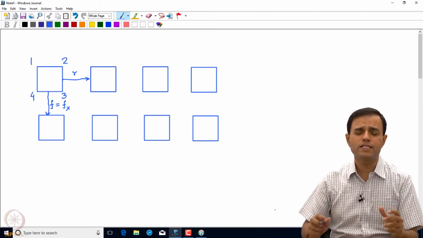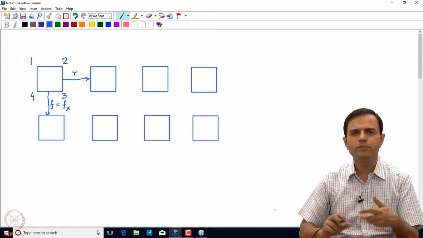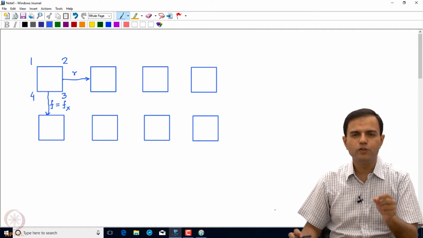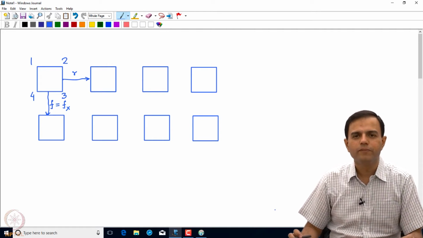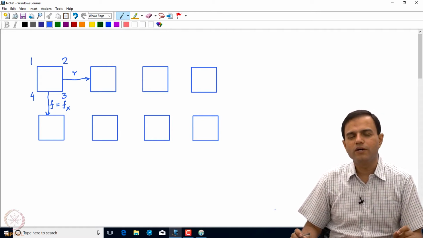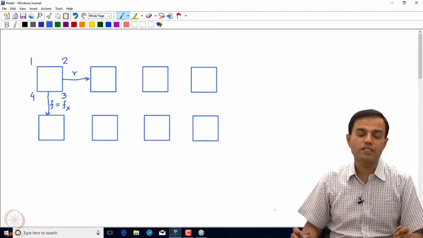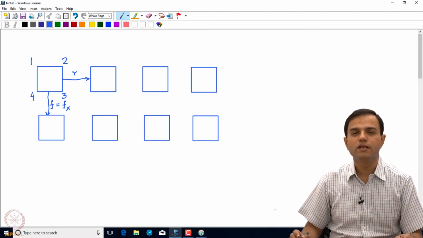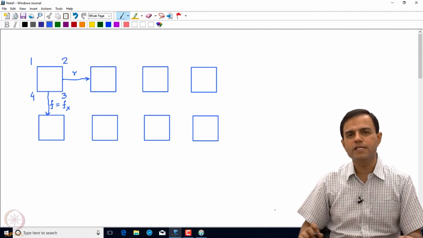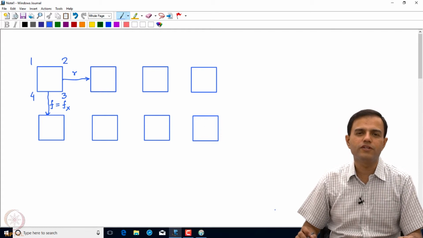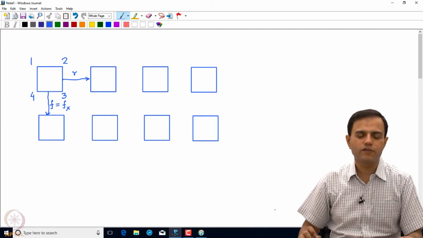Playing Rubik's cube is just permuting certain small cubes, so everything now is about generators and relations. What are generators, what are relations, and how can you express a group using generators and relations? That's what we are going to learn.